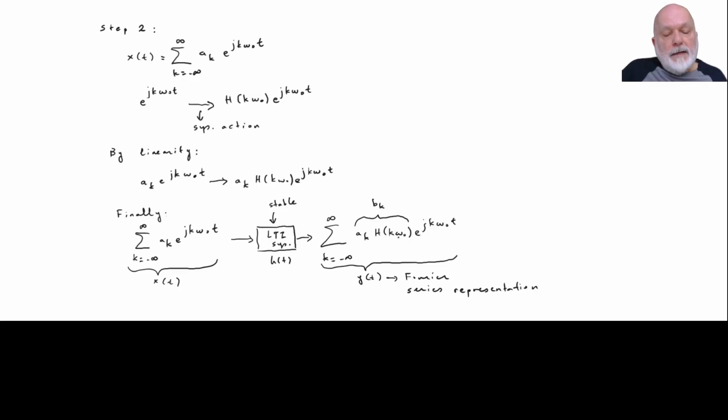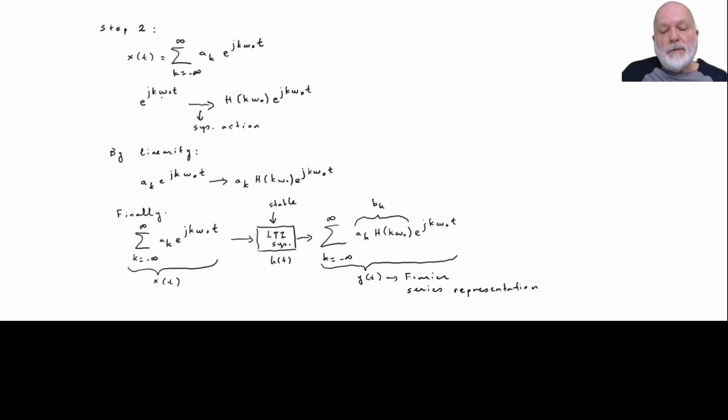In fact, remember the system action corresponding to an input chosen as a complex exponential gives us the same complex exponential at the output multiplied by a constant. So remember that in the other video we have discussed this problem and interpreted it as the eigenvalue problem.